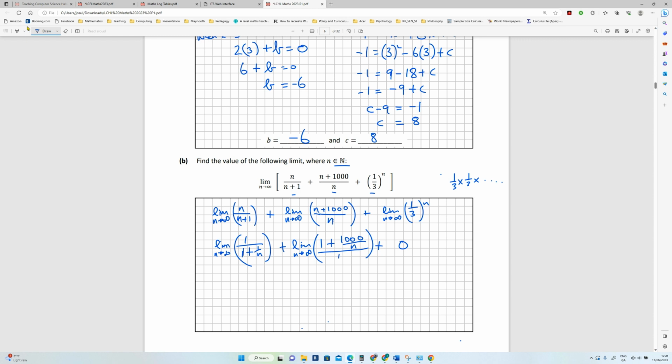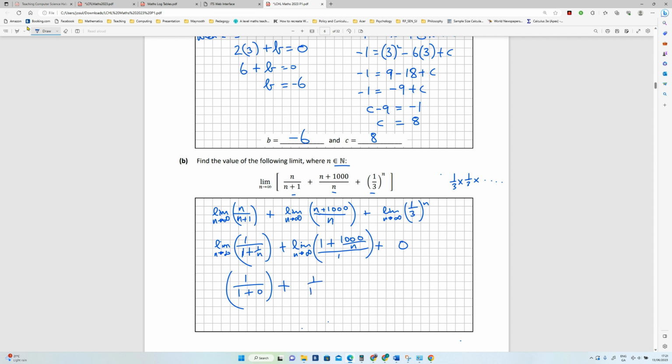So 1 over 1 is fine. However, this one is also going to converge to 0. Plus, so 1 over 1 again.